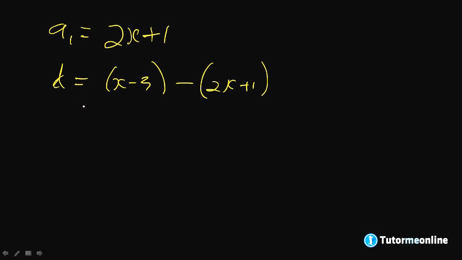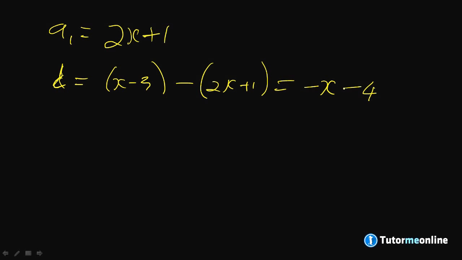We can then simplify this very easily by writing x minus 2x as minus x, and minus 3 minus 1 as minus 4. So the common difference d is given by minus x minus 4.